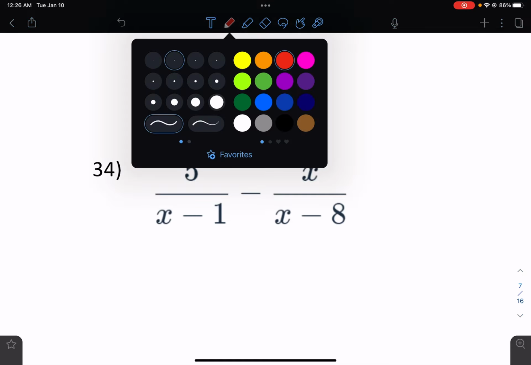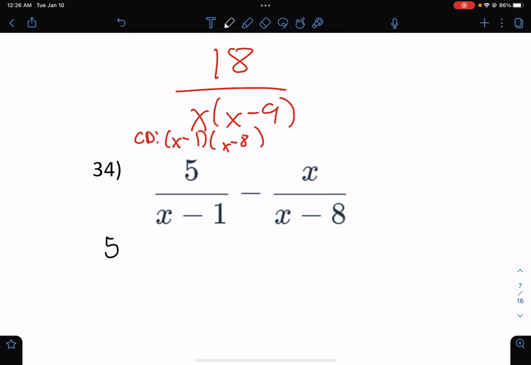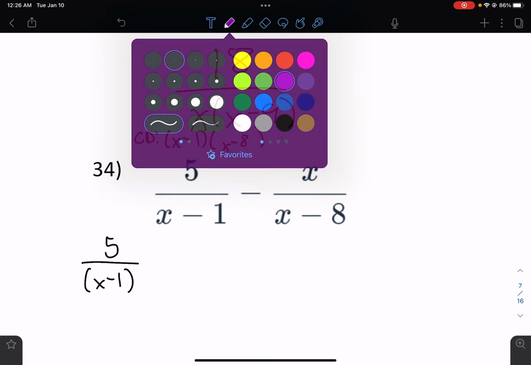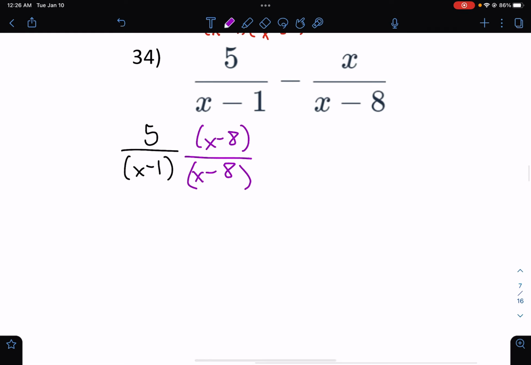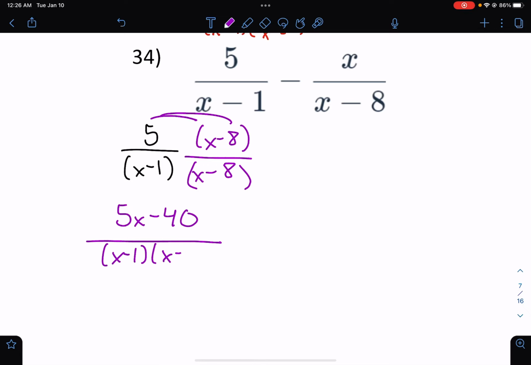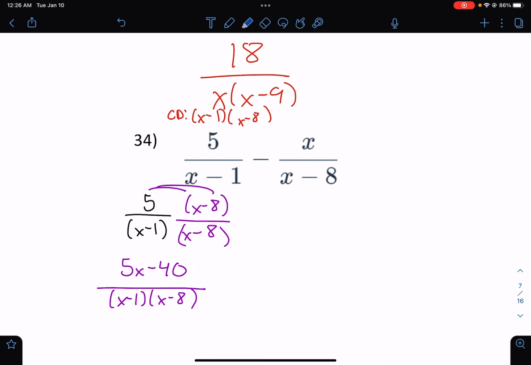So I'm going to take that and multiply him. He needs an x minus 8. So when I do that, I distribute, and I get 5x minus 40 all over x minus 1, x minus 8. Now he's good to go, right? He's got my common denominator that I wanted.